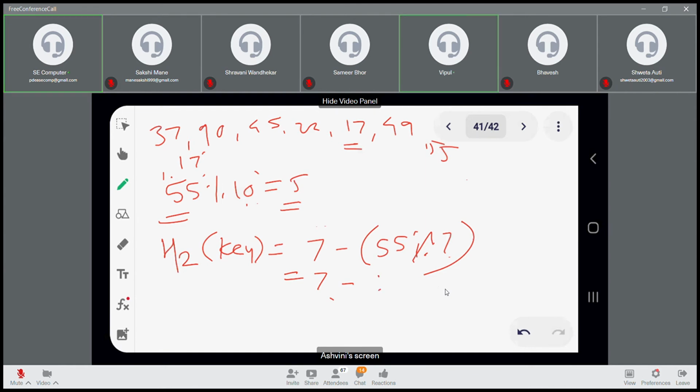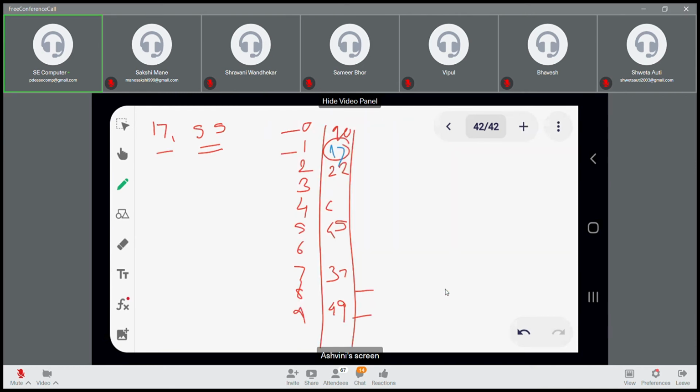So 7 minus 6 is 1. The actual index is 5, so take one jump after 5. That is location 6. So here we can place 55. So this is the simple concept of double hashing. Got it? Is this clear?